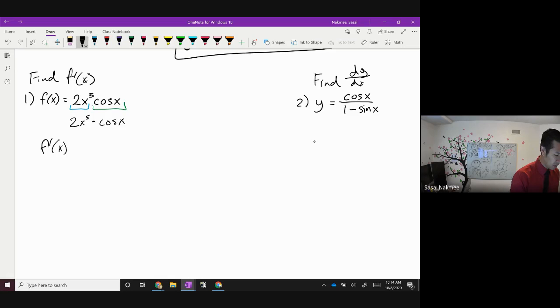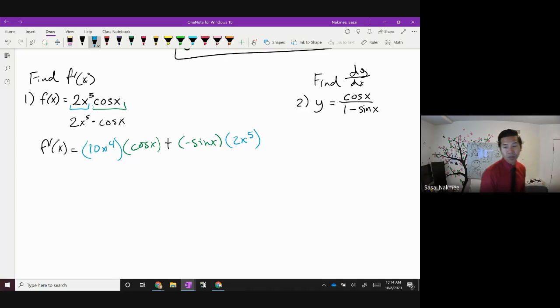So the derivative of f of x is going to be equal to the derivative of the first, which is going to be 10, because I bring down that 5 and multiply it by the 2, so 10x to the 4th, times the second, plus the derivative of the second. The derivative of cosine, we just found out, is negative sine, times the first.